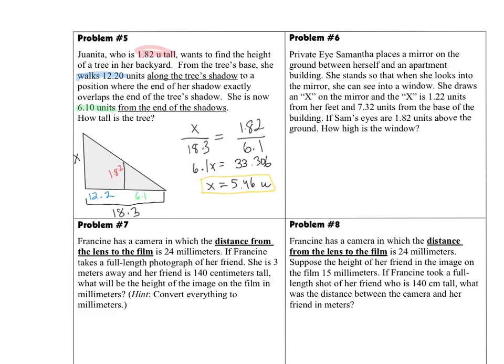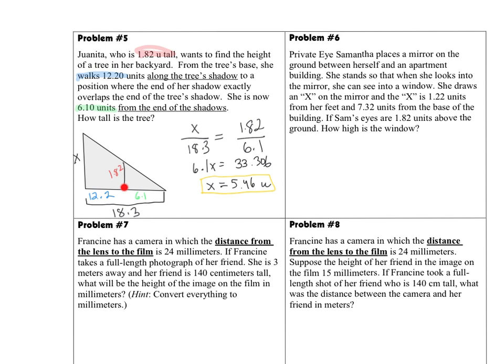All right, in problem number 5, we have Juanita, who is 1.82 units tall. She wants to find the height of the tree in her backyard. So this is her tree, and she walks 12.2 units right there along the tree shadow to a position where the end of her shadow exactly overlaps the tree shadow, which is right here.